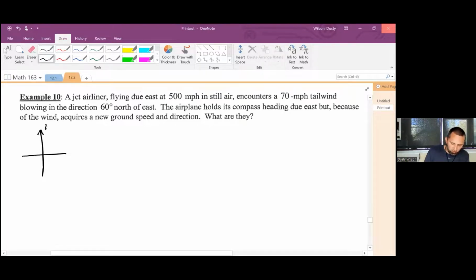So we know that we have north, south, east, and west. And so our jet airliner is flying at 500 miles per hour due east, or in vector form, this would be 500, 0.